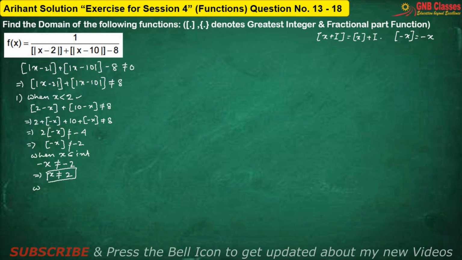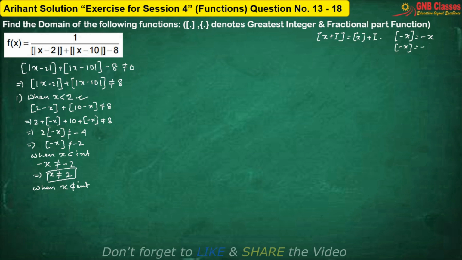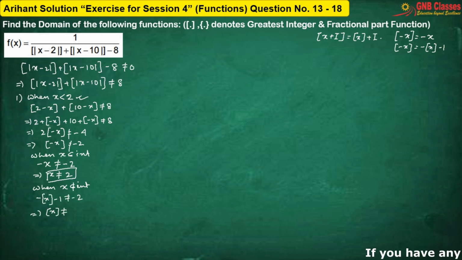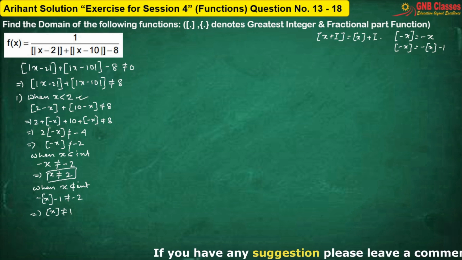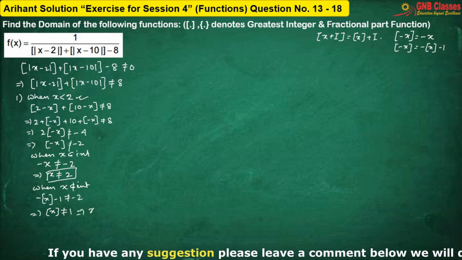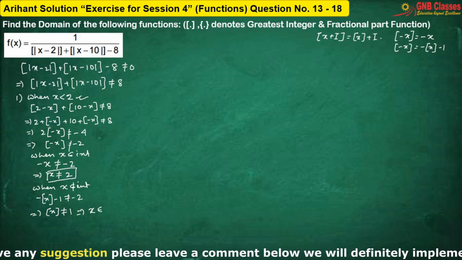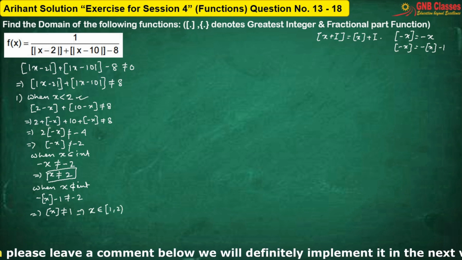Now when x does not belong to an integer but is less than 2, in that case, box of minus x can be written as minus of box x minus 1. Therefore, box of x is not equals to 1. That implies x does not belong to closed 1 open 2.